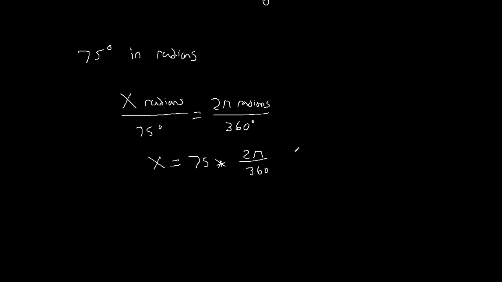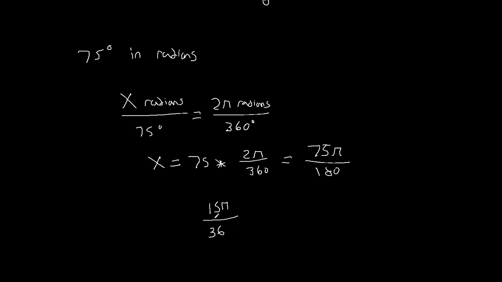We can reduce this again, so we can get 75 pi over 180. So we can reduce this down, right? We can divide the top and the bottom by 5. 5 goes into 75 15 times, so this is equal to 15 pi. 5 goes into 180 36 times, right? 36 times 5 is 180.